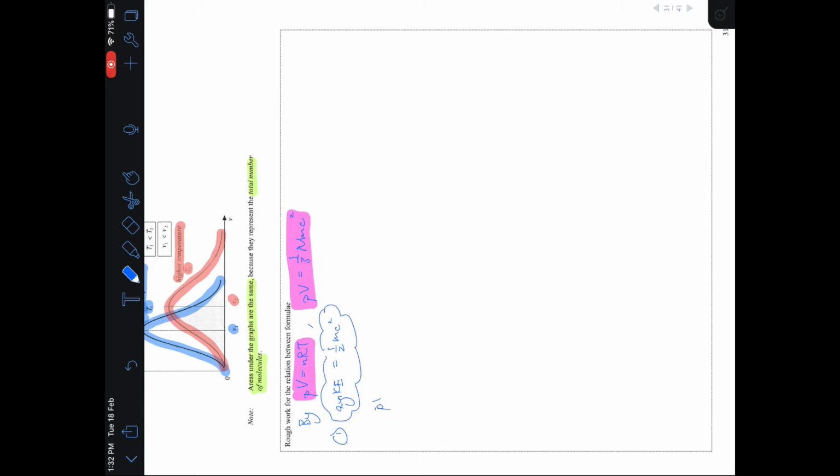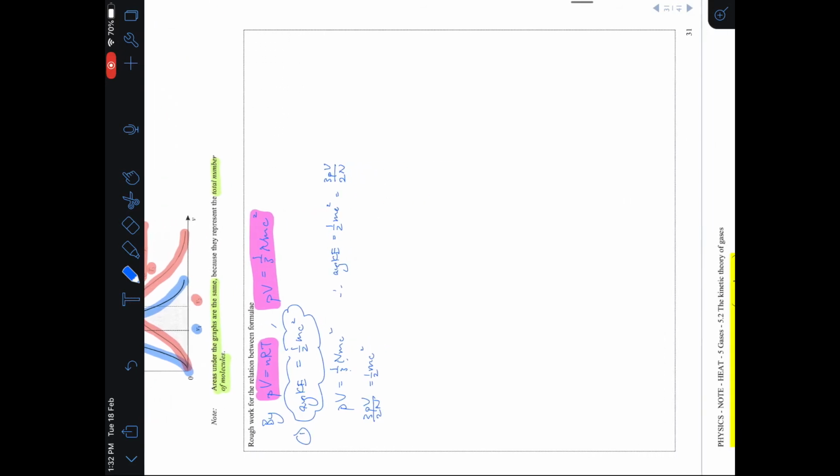Then by PV equals 1/3 Nmc squared, I want to, just like a puzzle, put this 3 to the other side and this N to the other side, because we want half mc squared, right? So that we have 3PV over N equals mc squared, right? And we want half, so we just add in half here for both sides. Then we successfully get, therefore, the average KE equals half mc squared equals 3PV over 2N.